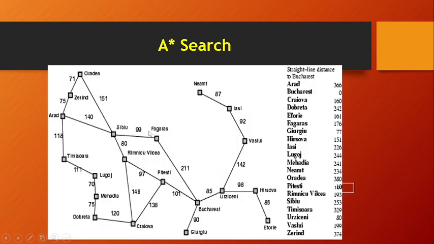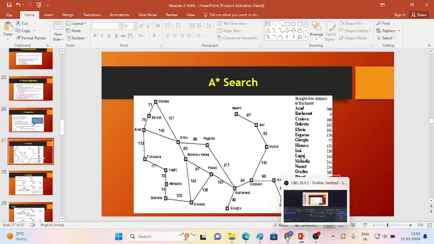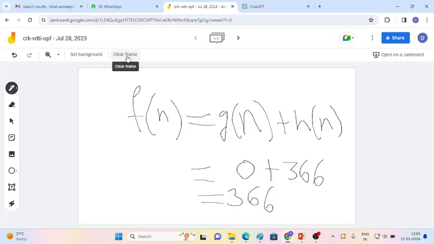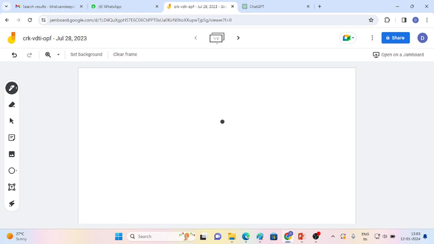Next, for this Sibiu, its heuristic value is 253. So we consider again the function f of n equals g of n plus h of n.